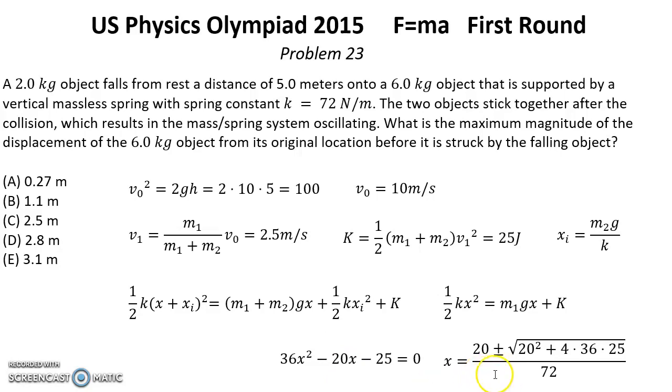One is positive, which represents the lowest position, and the negative represents the highest position. By magnitude, the lowest position will be greater than the highest position. So this is why we have for the answer the positive root, and that's equal to about 1.15, which is answer B.